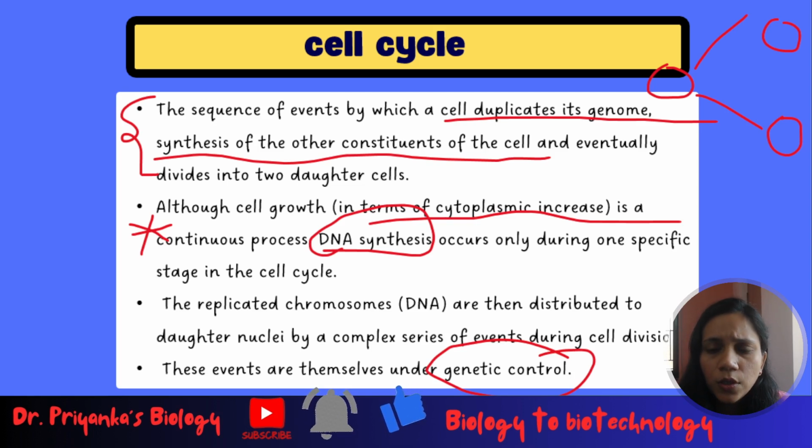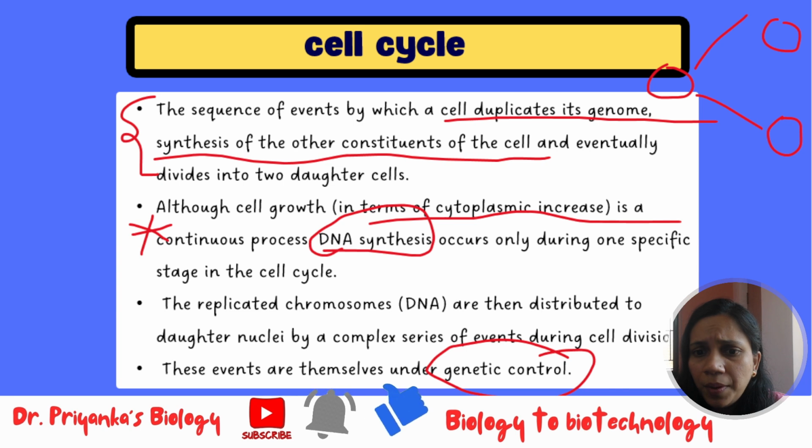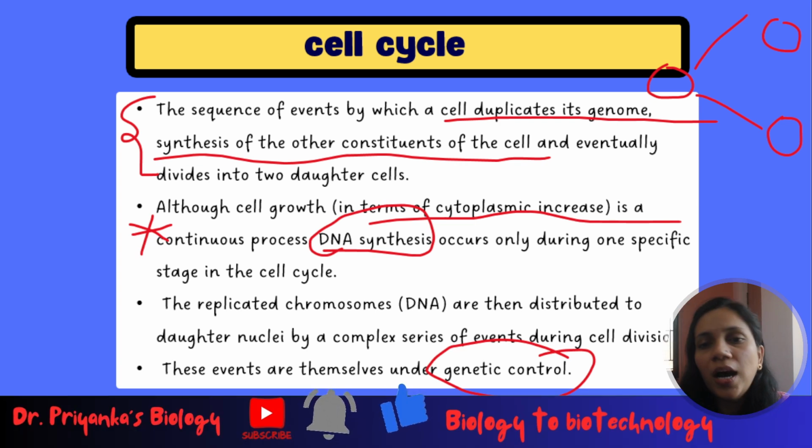Here we have to remember that it is under genetic control, or what we call checkpoints. The cell has to pass through these checkpoints so that it leads to its final destination, that is, formation of the two daughter cells.